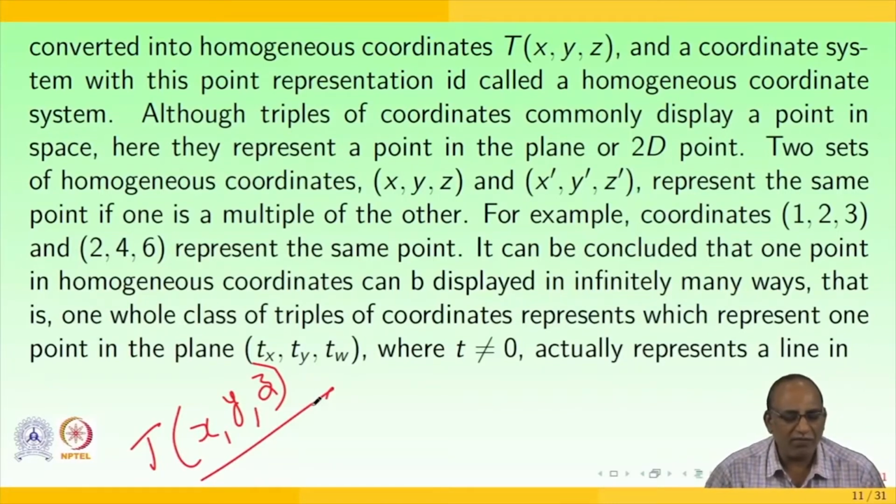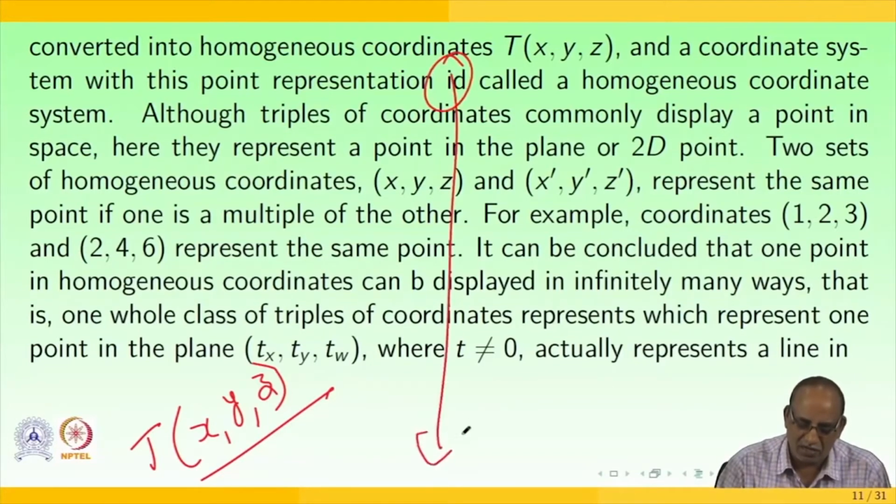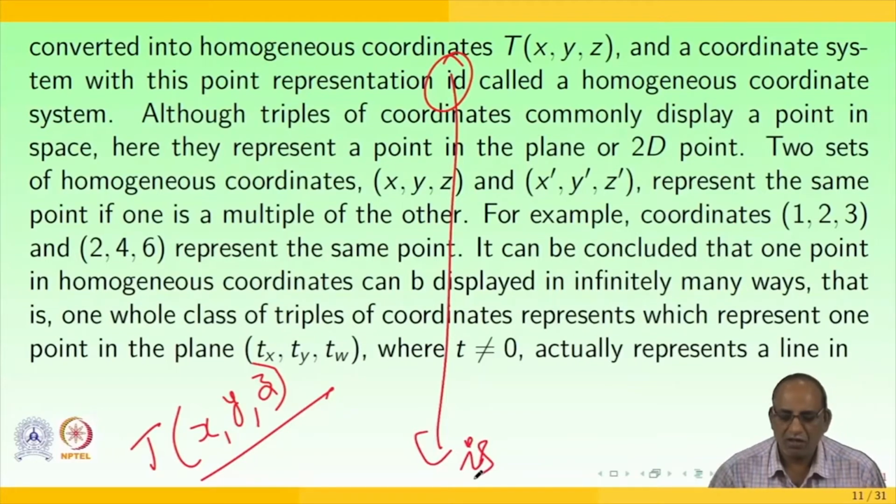And a coordinate system with this point representation is called a homogeneous coordinate system. Although triples of coordinates commonly display a point in space, here they represent a point in the plane or a 2D point.